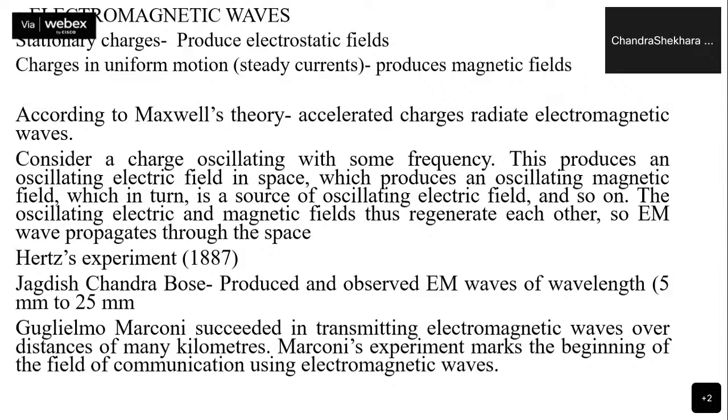Later, after one or two years, Indian scientist Jagadish Chandra Bose produced and observed electromagnetic waves of wavelength 5 millimeter to 25 millimeter. That was a historic event. Of course, he did not take it further because he was involved in teaching at a university. But the experimental work was continued by Marconi, who was successful in transmitting electromagnetic waves over distances of many kilometers.